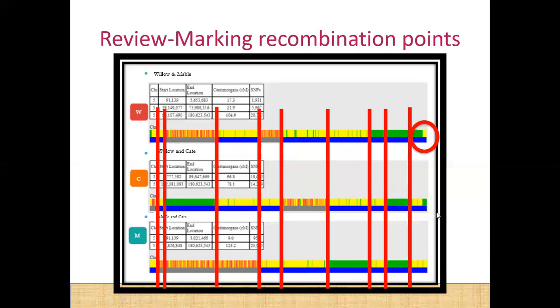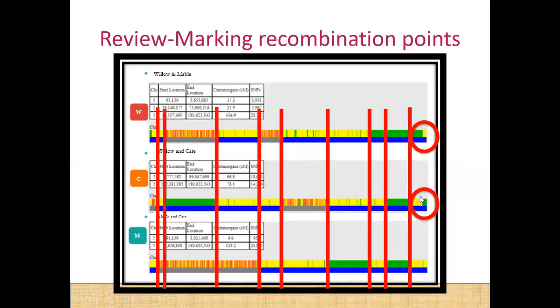The last change on this chromosome starts up here in Willow and Mabel, where they move from sharing DNA on both copies of chromosome 5, which we see from that green on the top, blue on the bottom, to a half identical segment, yellow on the top, blue on the bottom. So our change happens right here.